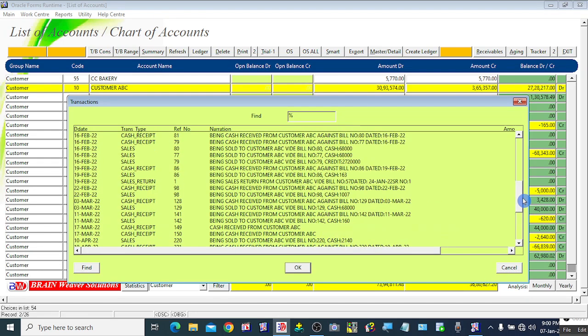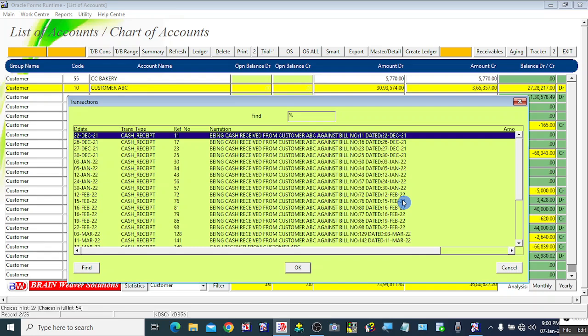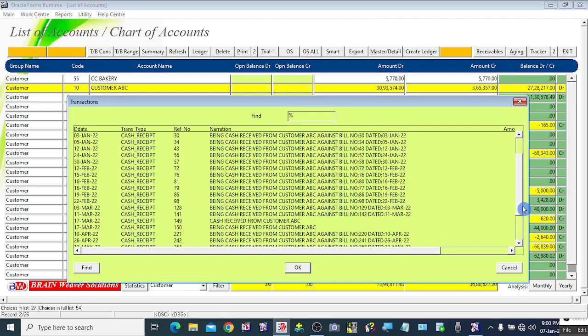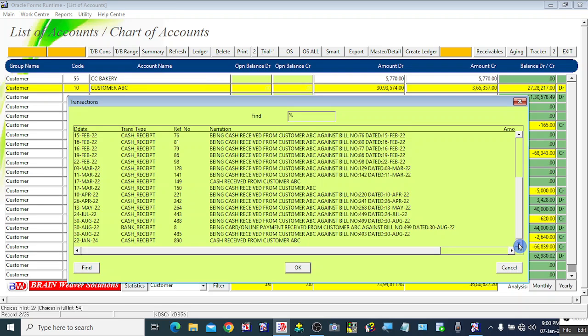So before making the follow-up with the customer, if you want to know when and what are the various payments we have received from this specific customer, we can filter only those cash receipt or bank receipt entries.